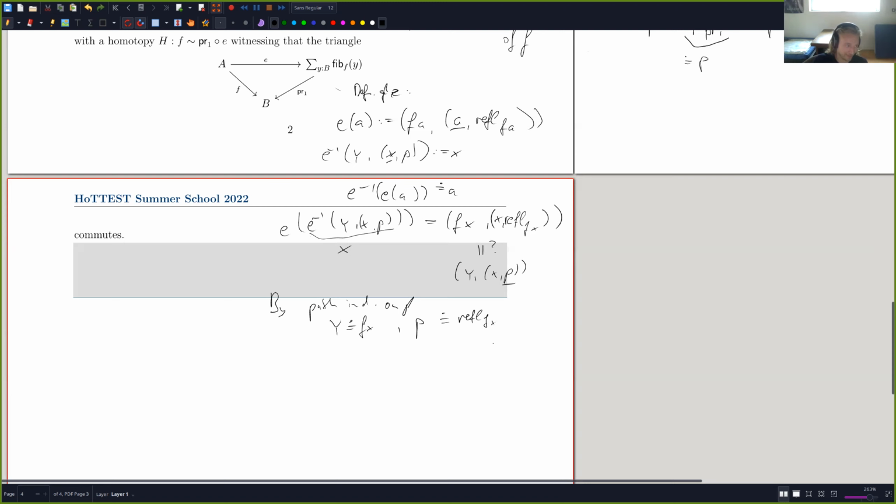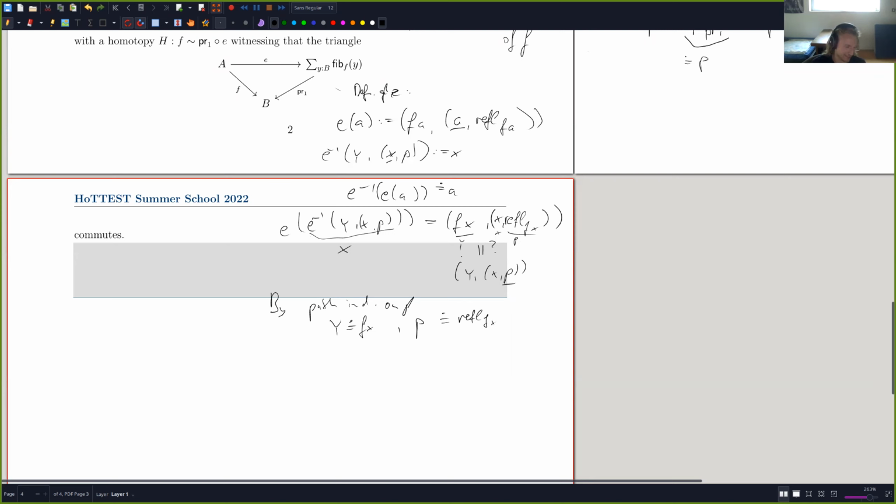But then the statement is clear already. So this will be y, and this is x anyway, and this is p contracted. So that finishes the proof.